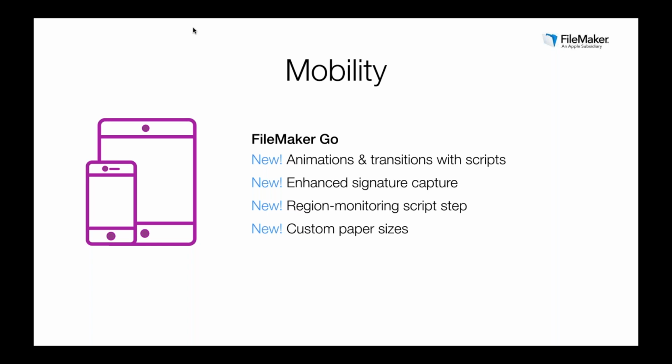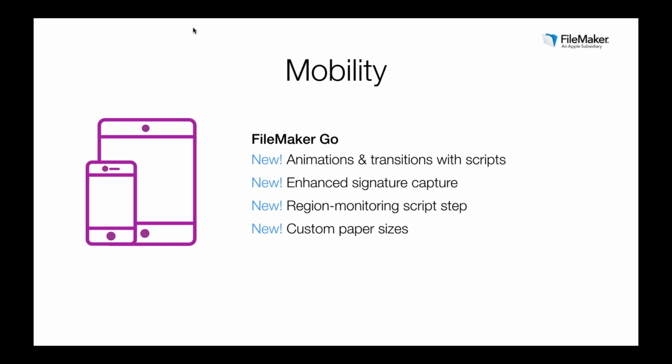Signature capture was one of the things you could choose. A lot of people didn't like that because it left too many choices open to the end user. So in FileMaker 15, we made it scriptable so that you could take it directly when you clicked into a signature field.